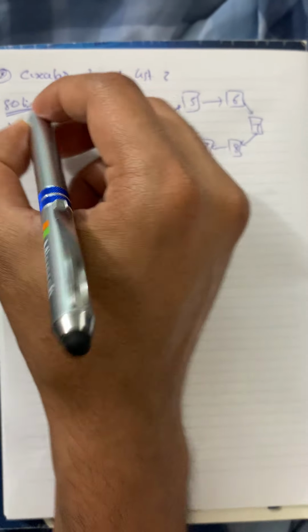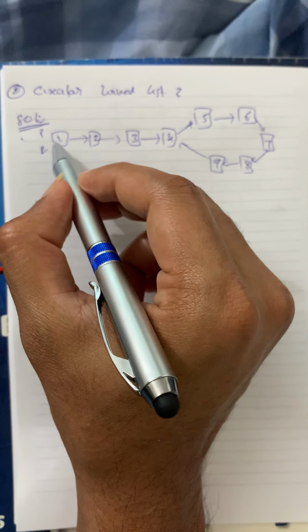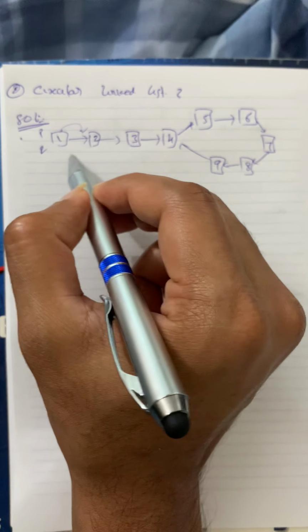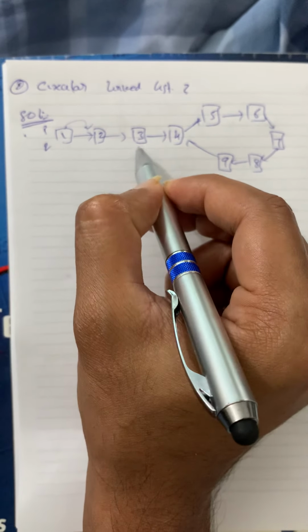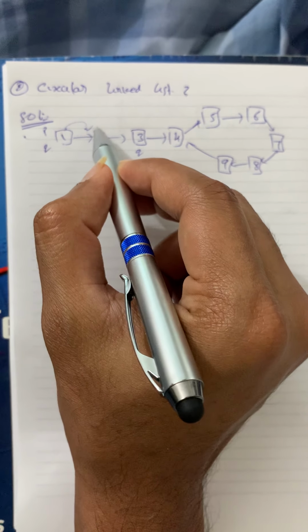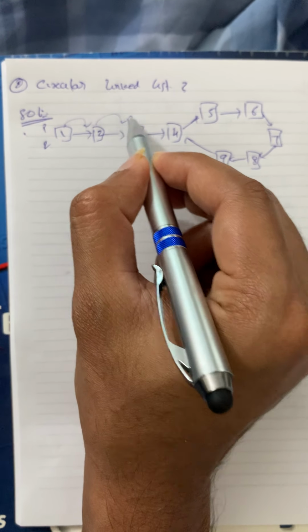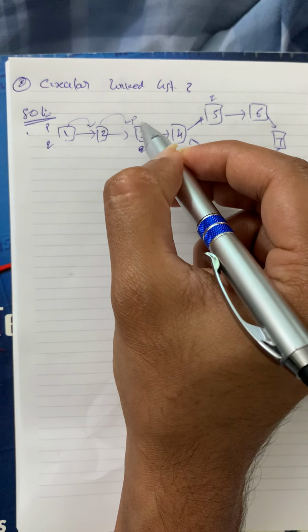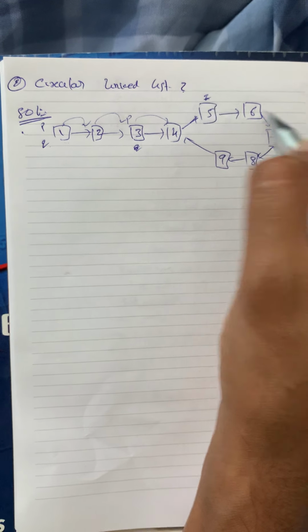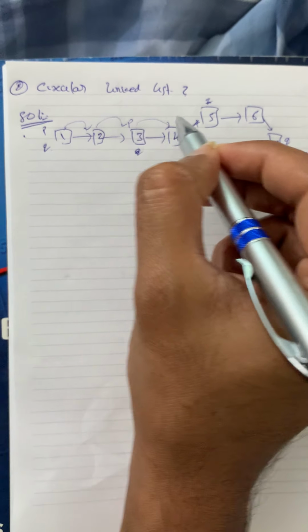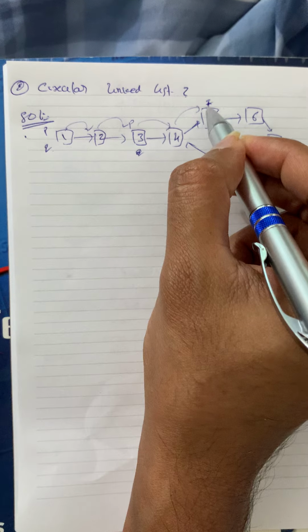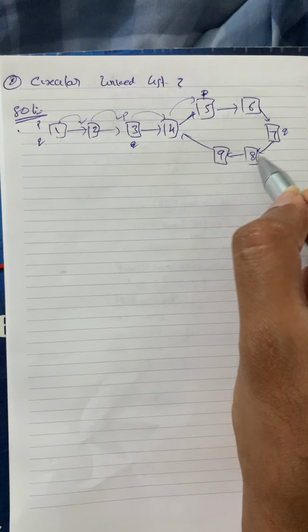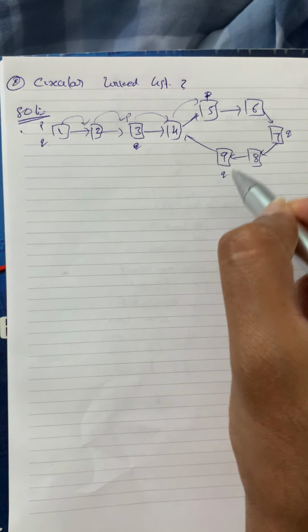So let's say we have two elements, p and q. p will move one pointer and q will move two pointers, and then p will move one pointer, q goes to 5 here. So p comes here, q goes here, p is located at 5, q at 9.